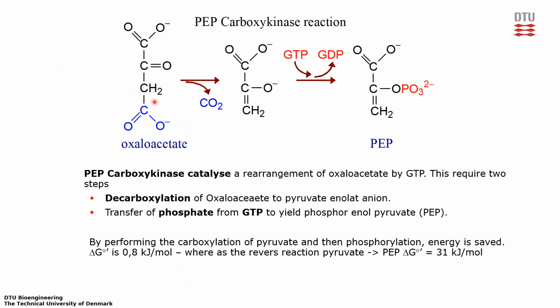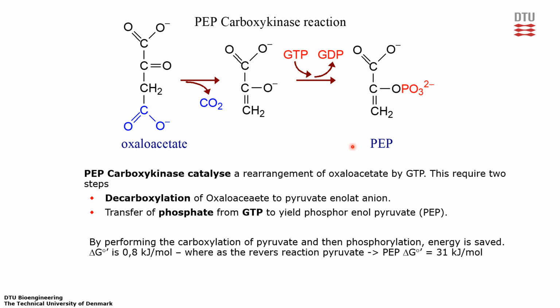That means that we get a C-C bond break here, that then gives us an enolpyruvate intermediate. And then by the GTP coupling, we get the phosphorylation of the middle carbon, that will be C2 in this situation. That gives us the phosphoenolpyruvate that we know from glycolysis.